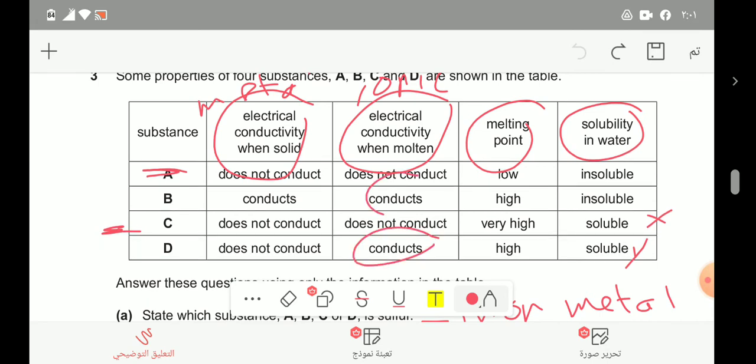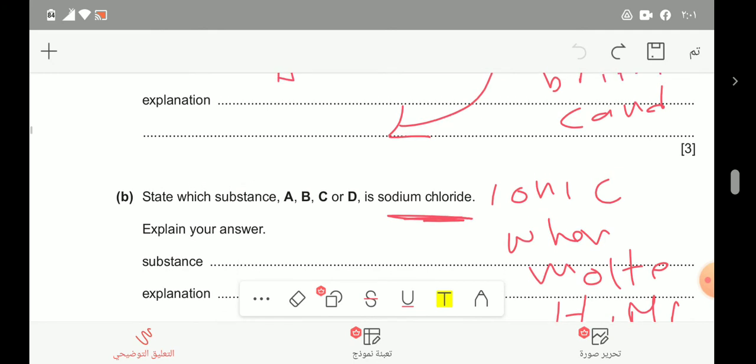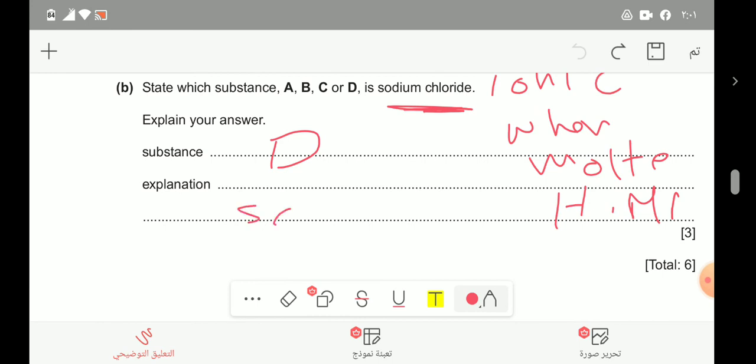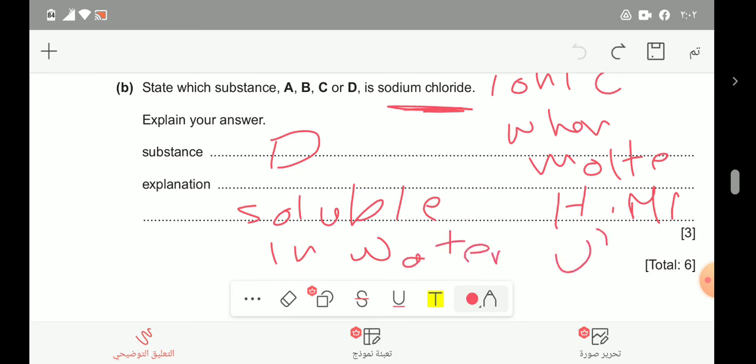Those have a high melting point, those also have a high melting point. Soluble in water: yes, sodium chloride is soluble in water. So D. So you can say it is D, because it is soluble in water, and you write that it is molten, of high melting point. Also you can write them for the 3 marks.